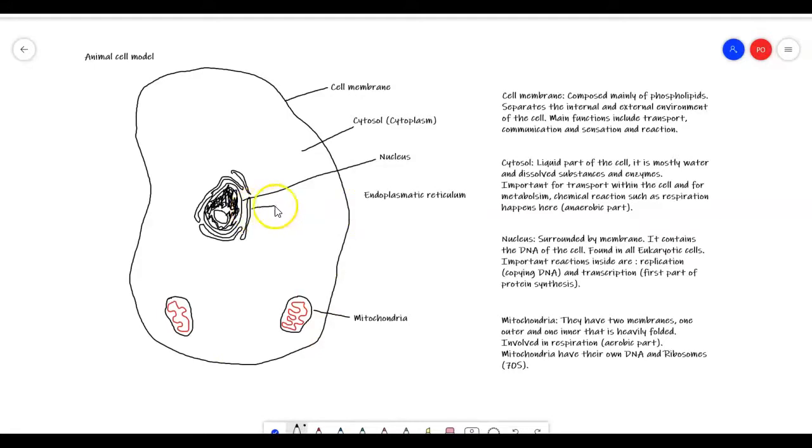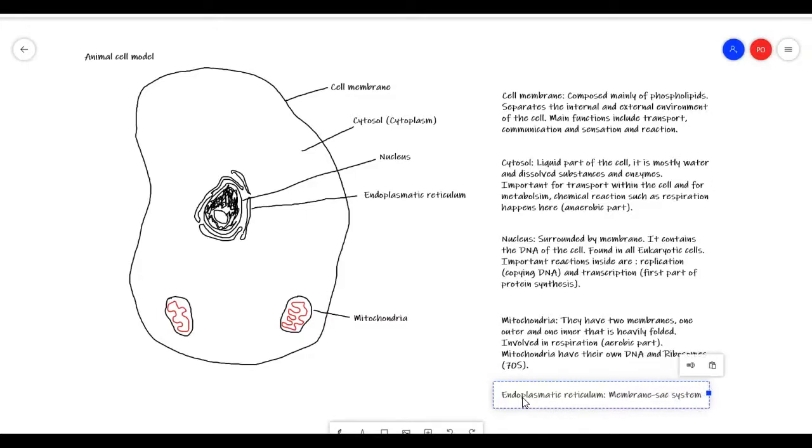So that's this part here, the endoplasmatic reticulum. And this is a membrane sac system surrounding the cell. And there is a smooth endoplasmatic reticulum.